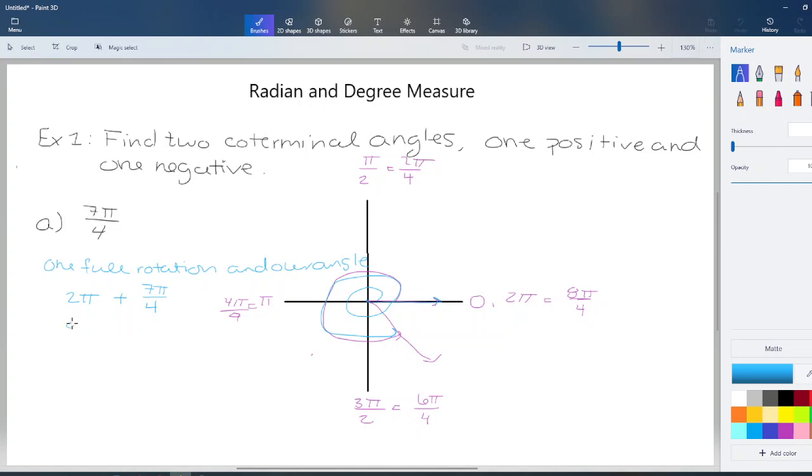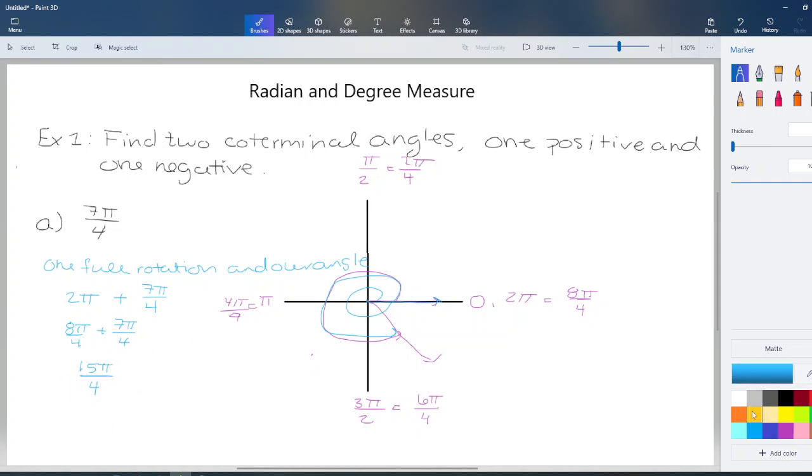So we're going to change this to have common denominators. Okay, and we'll see that our first coterminal angle is 15 pi over 4. Okay, so this is a positive coterminal angle, because the measure of this angle is a positive number.